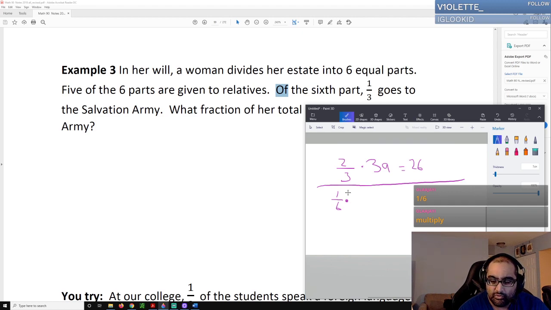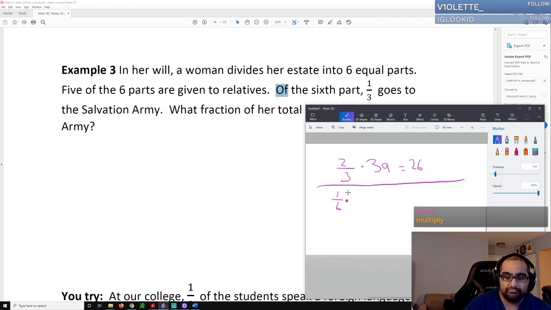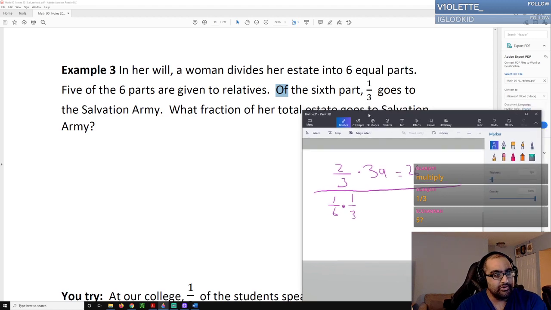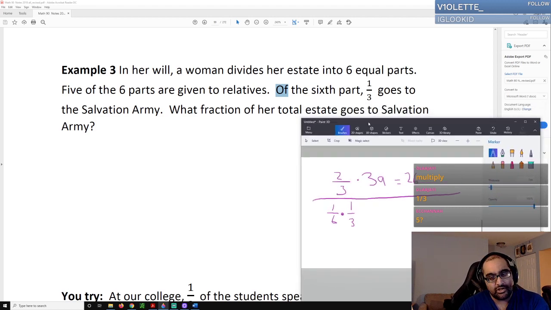What should we multiply by? 1/3. Okay, so take a look here. If we read this carefully, 1/3 is correct. So of the 6th part, 1/3 of that, so 1/3 of the 6th part goes to the Salvation Army.